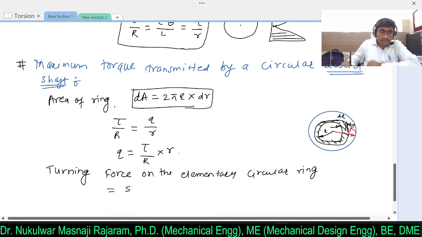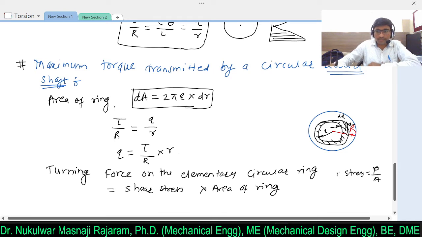That will be the shear stress acting on the ring into the area of the ring. I am using a simple formula, that is stress equal to force divided by area. Now here I am using shear stress, so I will get the shear force. So just multiply this shear stress with the area. Now as I am evaluating for this particular ring, I must consider the shear stress acting on this ring multiplied by the area of the ring.